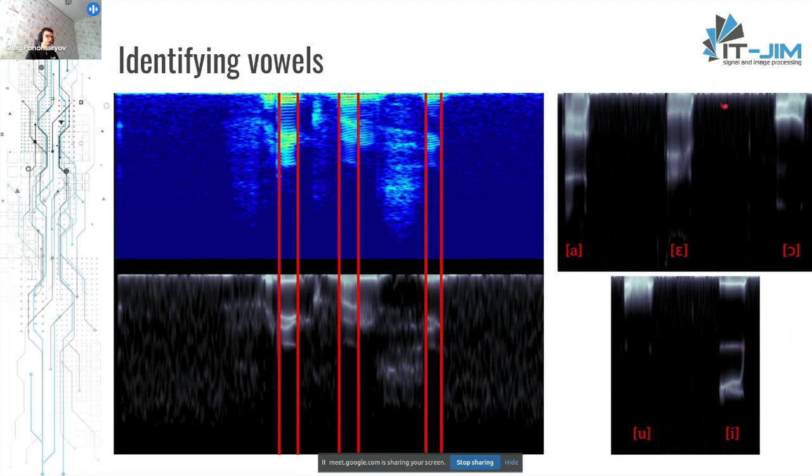And among all the available examples, the only thing that matches this pretty well is the E. And actually, if we look at the last one, even though it's pronounced more briefly and thus less clear, its formants are located almost exactly the same as in the first one, so that is also probably E.